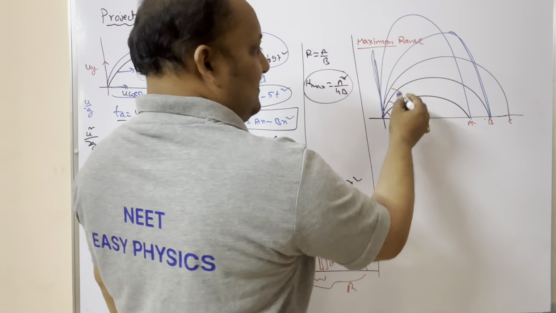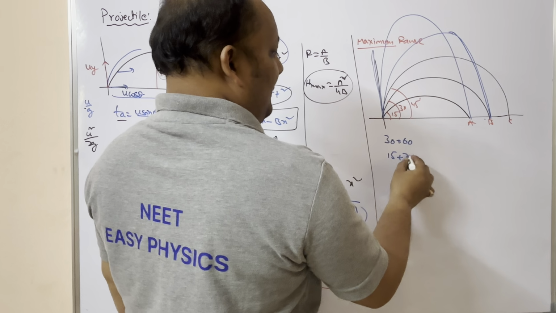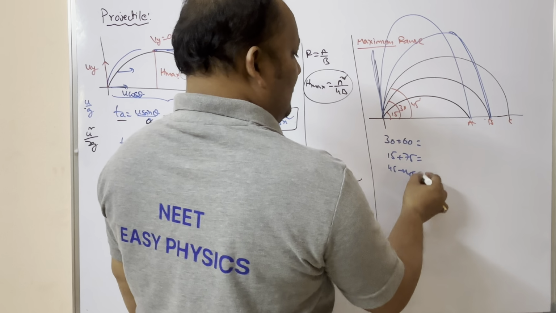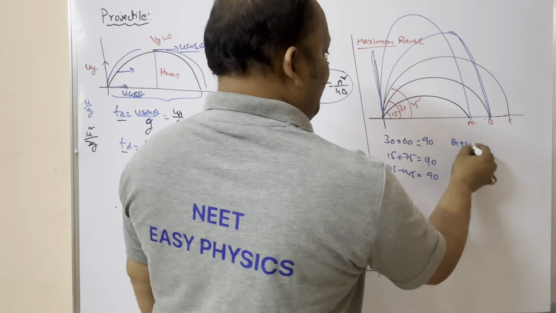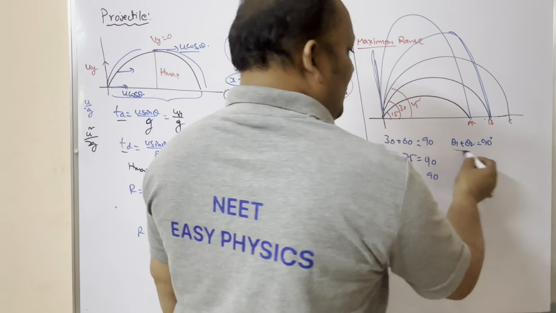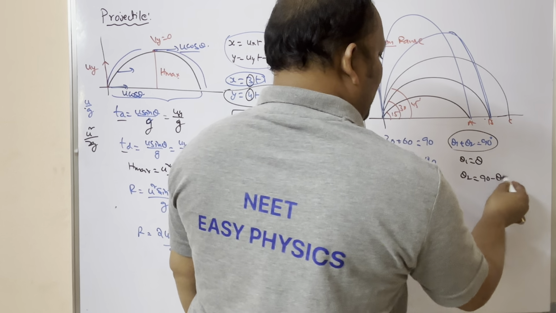So these two angles, 30 degrees plus 60 degrees, 15 plus 75 and 45 plus 45, all these sums are going to be 90 degrees. If the sum of two angles is 90 degrees, they are complementary angles. If theta 1 is theta, theta 2 is 90 minus theta.